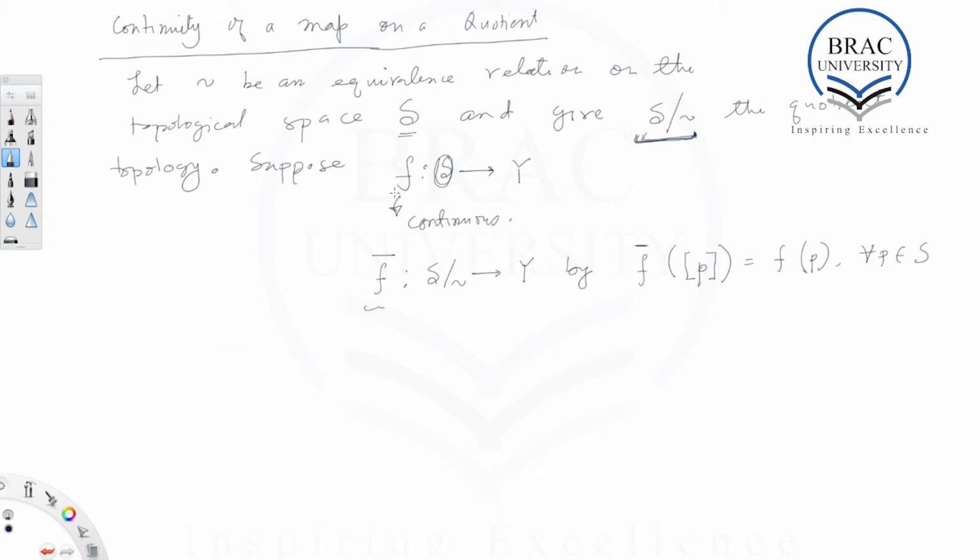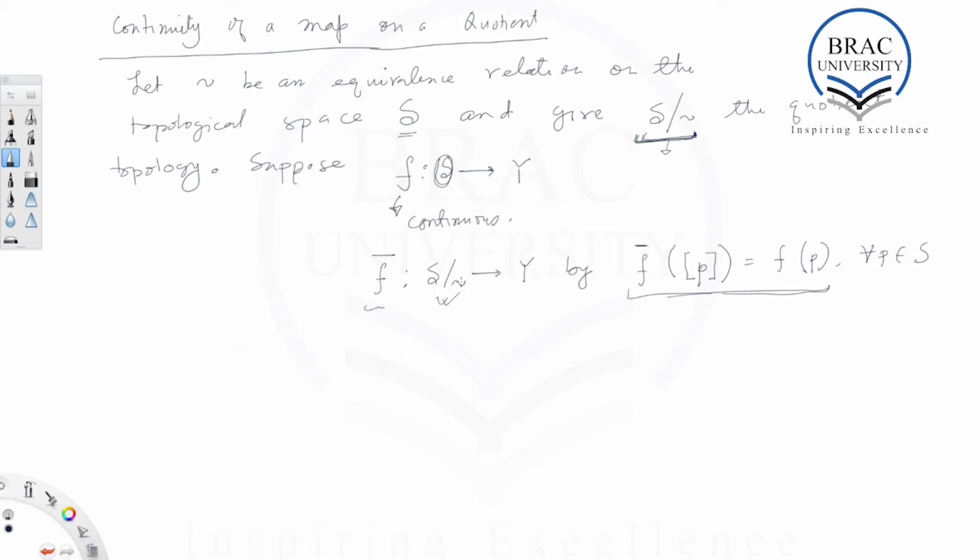So note that the definition needs to be well defined, and it only will be well defined if f is constant on each equivalence class. Why? Because if I choose two different points from the same equivalence class, they are the same point here.